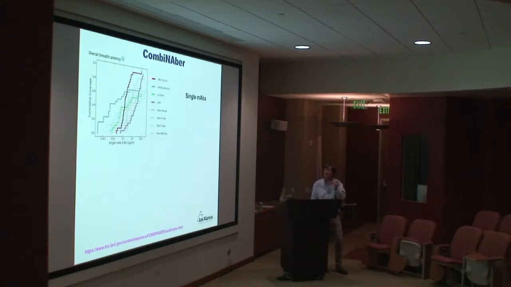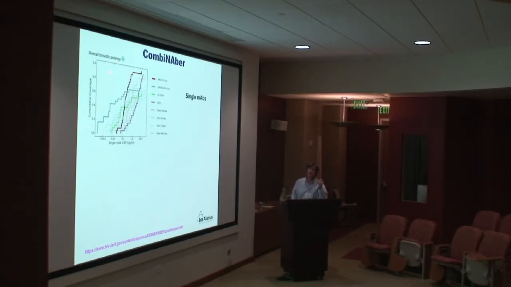And so you start basically with data like this, where you have one line for each antibody, and essentially as the antibody concentration goes up, the number of viruses that you can neutralize goes up.